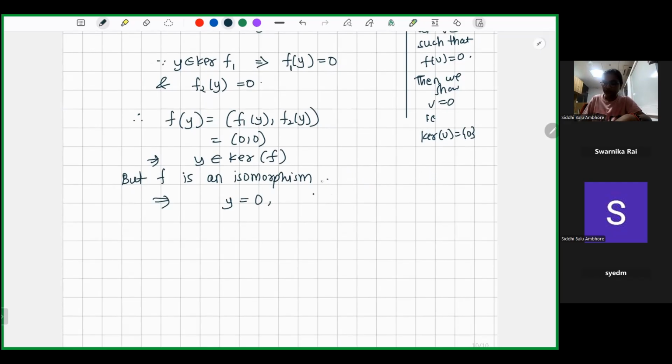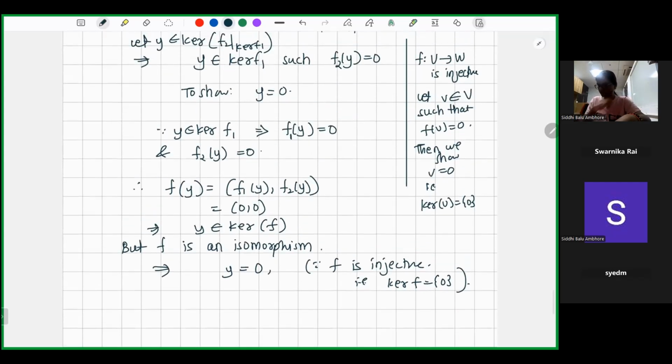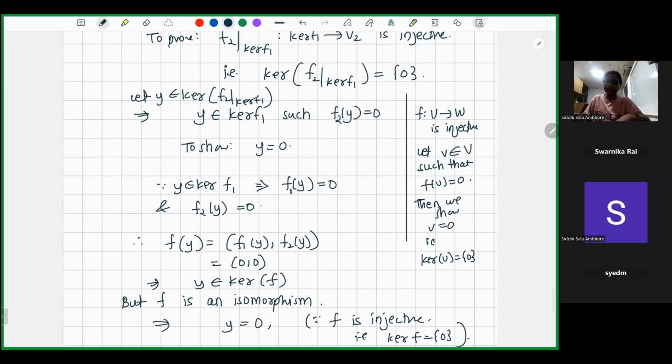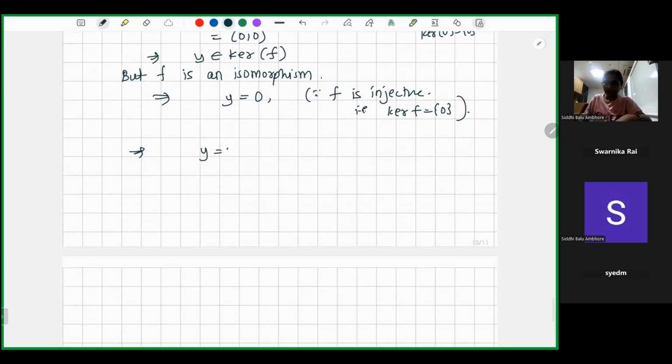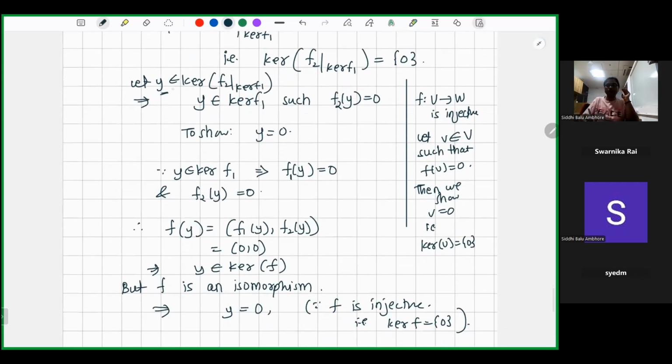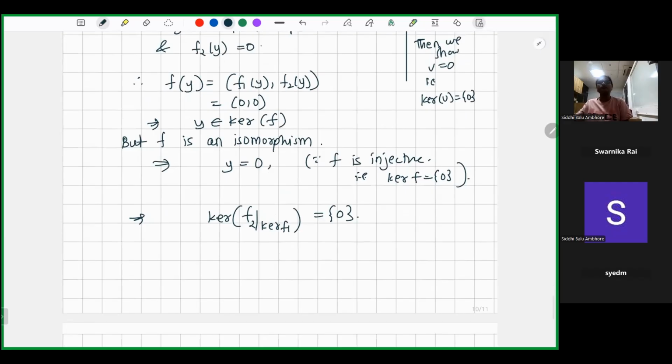So the Y which we started with, any Y in the kernel of F2 restricted to kernel F1, I get that Y is 0. Because 0 always belongs to the kernel of any map.